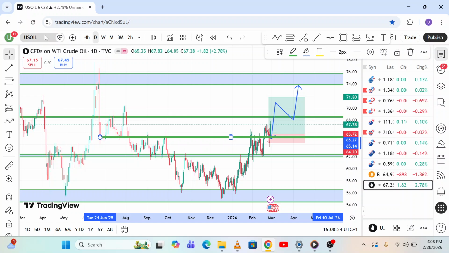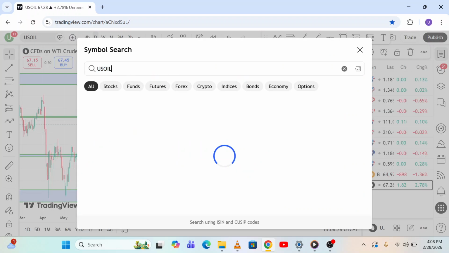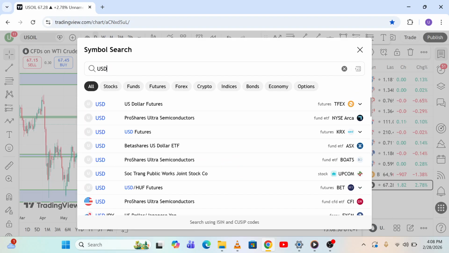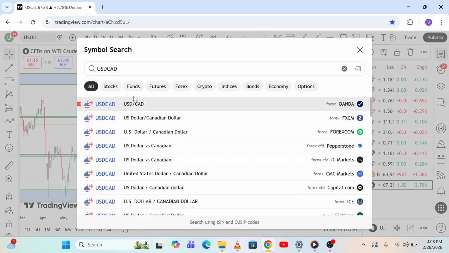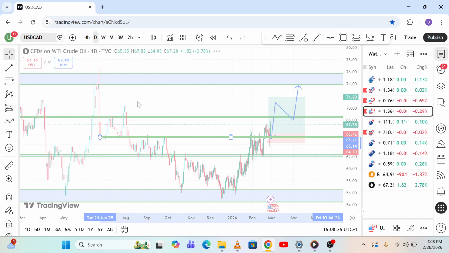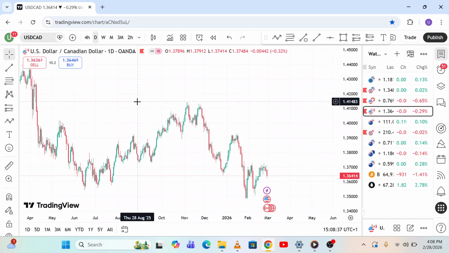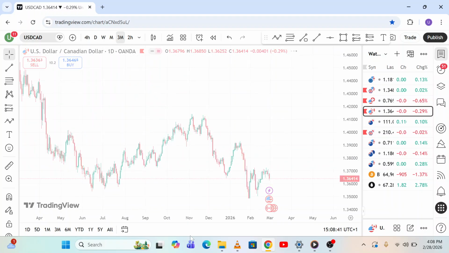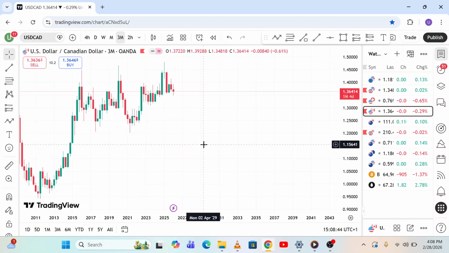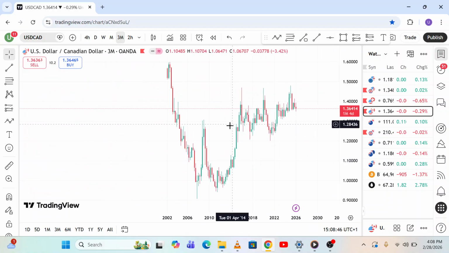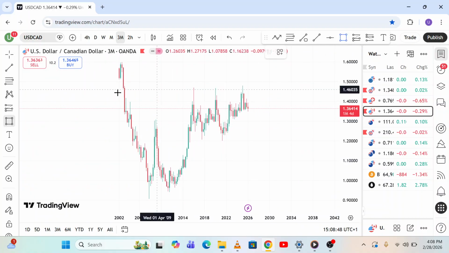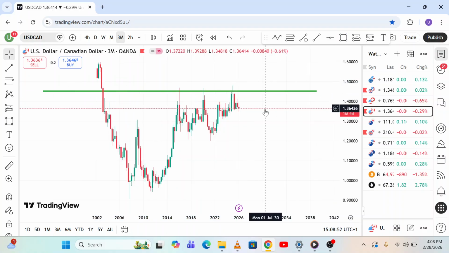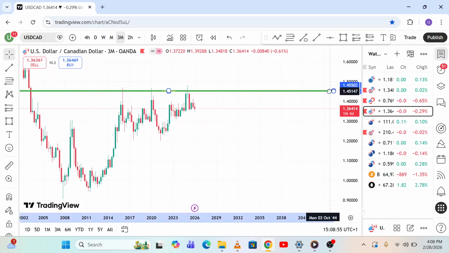Let's try USD CAD. As you can see, let's start with the 3-month time frame to see what's going on with the USD CAD. USD CAD in the 3-month time frame is in a range or consolidation manner.